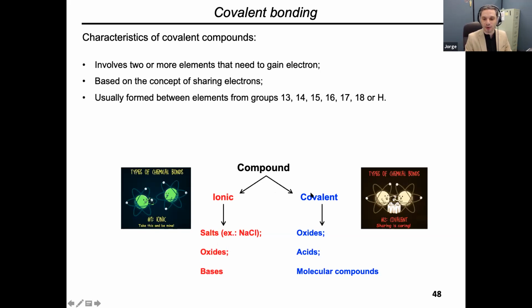On the other hand, covalent bond requires a little bit more of accommodation. And we are going to combine compounds that will share electrons in order to achieve stability. Covalent compounds are also oxides, acids, or molecular compounds.